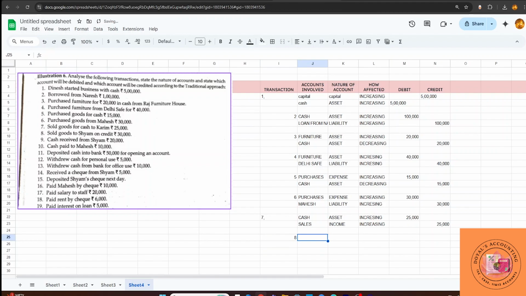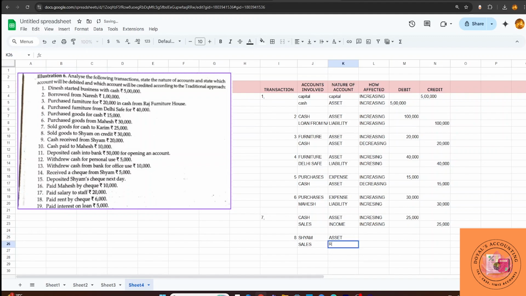Number 8, you have sold goods to Shyam on credit for 30,000. Now, instead of cash, we'll open an account in the name of Shyam and sales. So Shyam is an asset. Why is Shyam an asset? Because we have to recover money from him. In future, money will come from him.